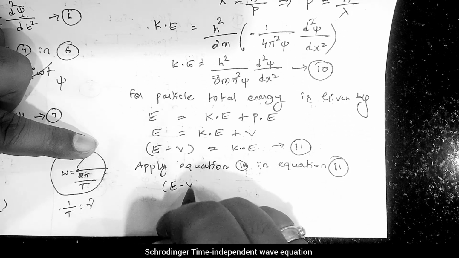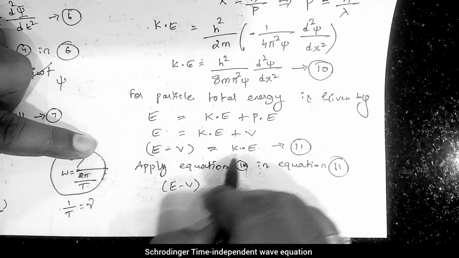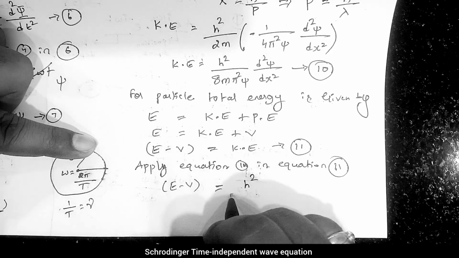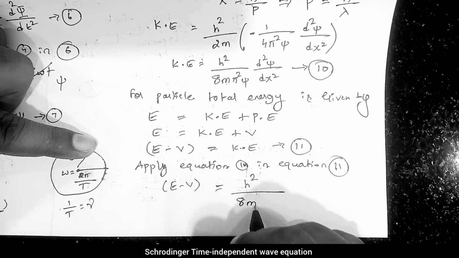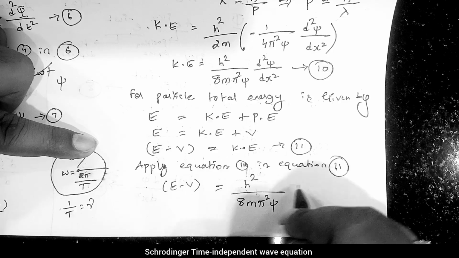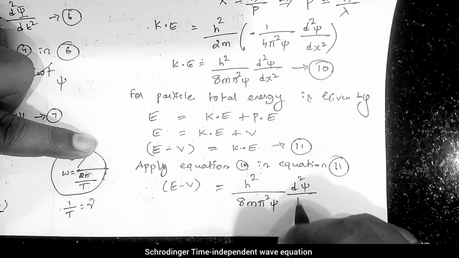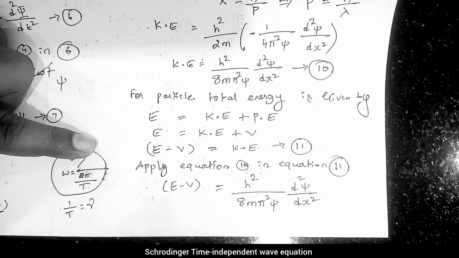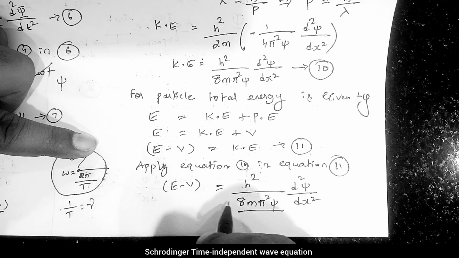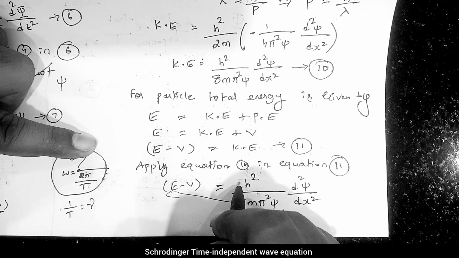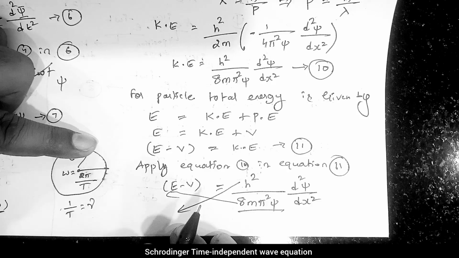So E minus V will be as it is, and kinetic energy is replaced as h square divided by 8m pi square into psi d square psi divided by dx square. Now I will shift all denominator values to the numerator and numerator values to the denominator.